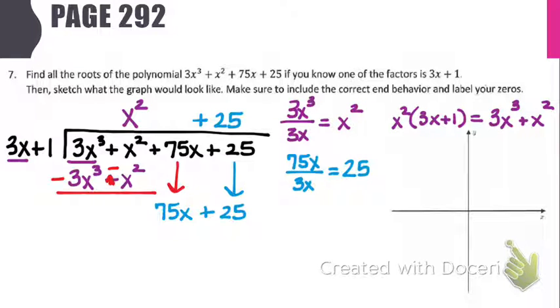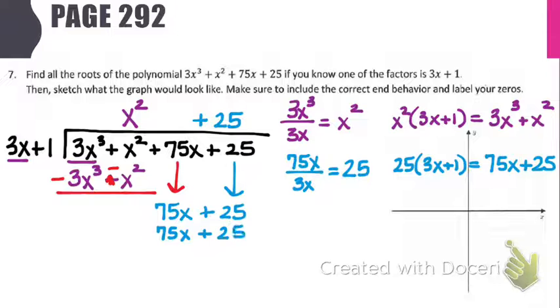Now take that 25, multiply that by 3x plus 1. And you get 75x plus 25. Bring that over. Change both signs, and we end with a 0.